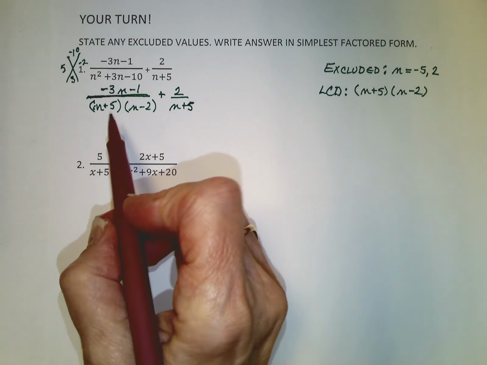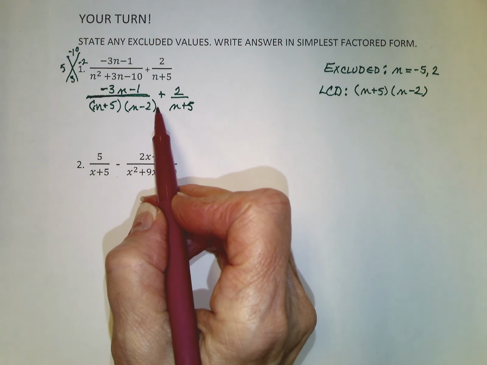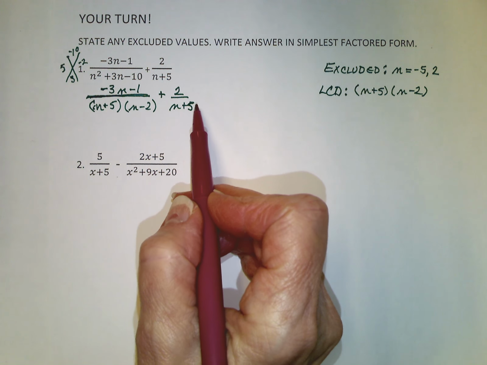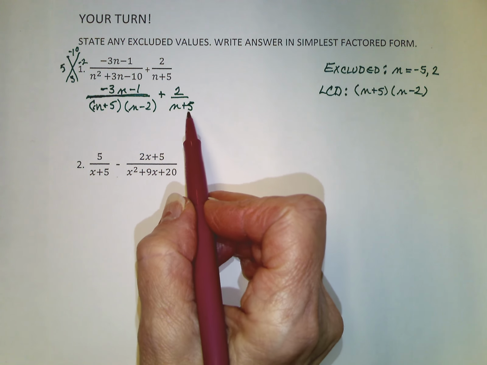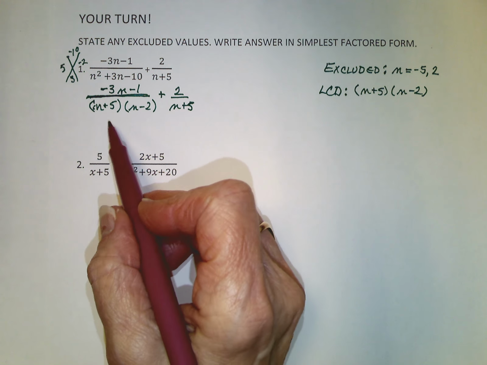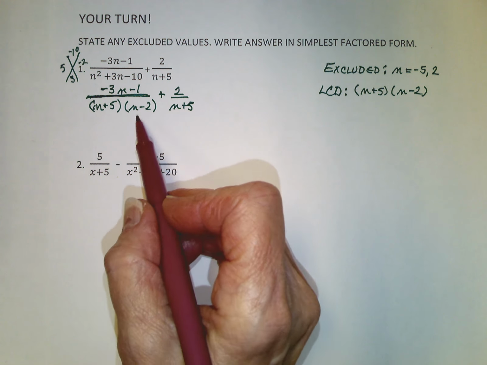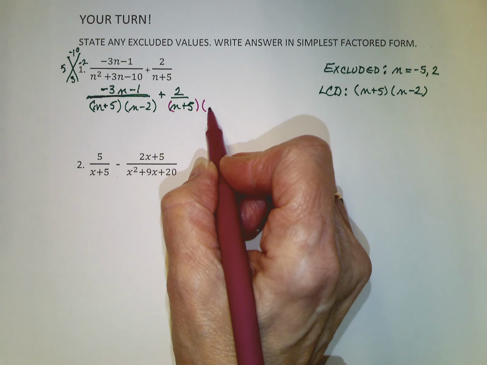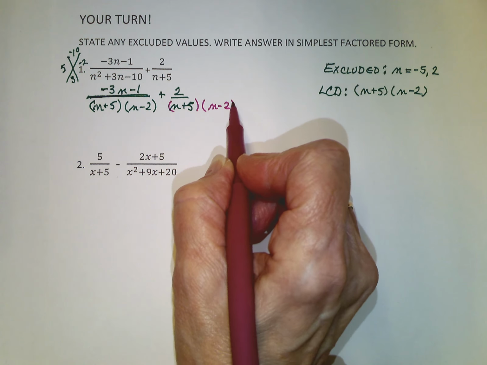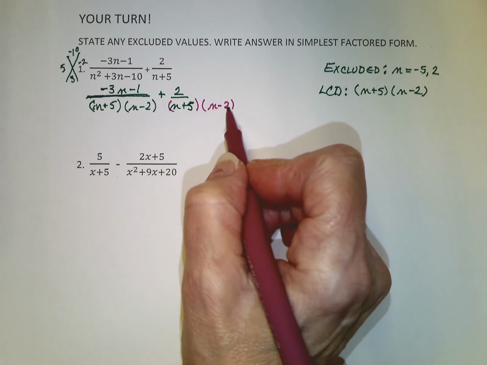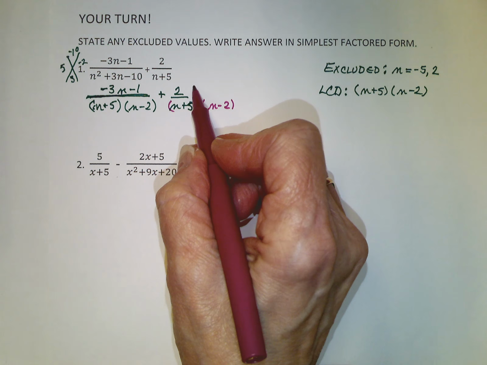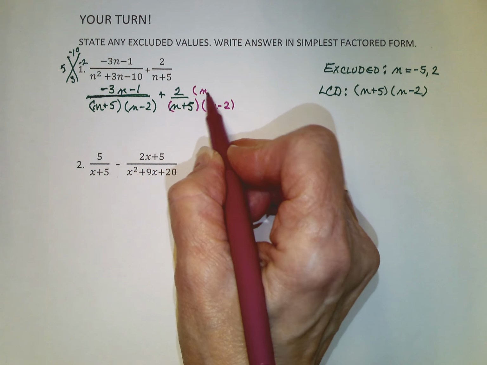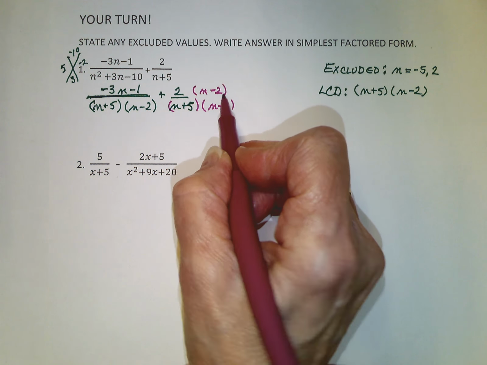Now the first fraction is already over that common denominator. We just need to get this one over. Well, it already has the n plus 5. It just needs the n minus 2. So if we multiply the denominator by n minus 2, we will have what we need in the denominator. But to keep it fair, we got to multiply the numerator also by n minus 2.